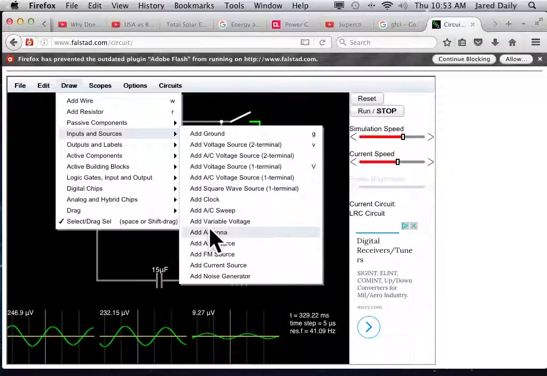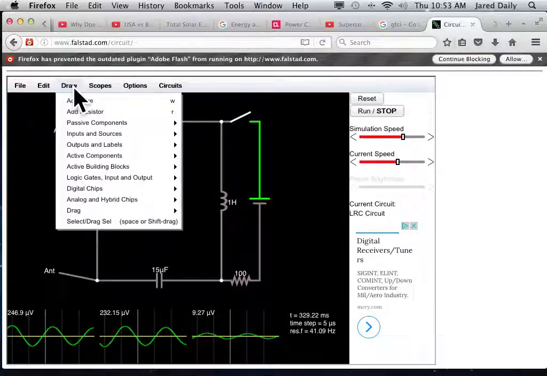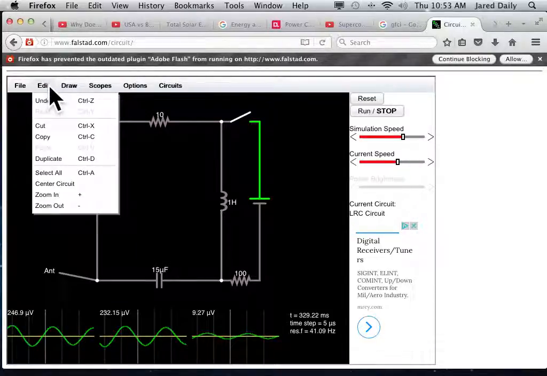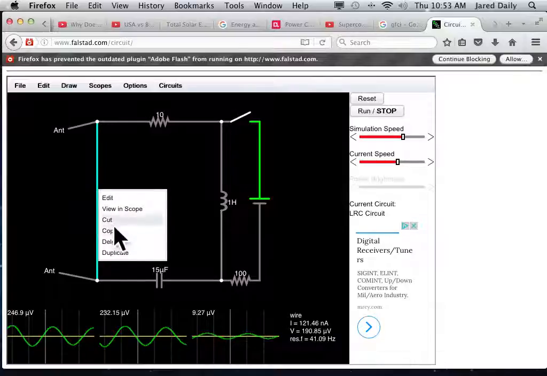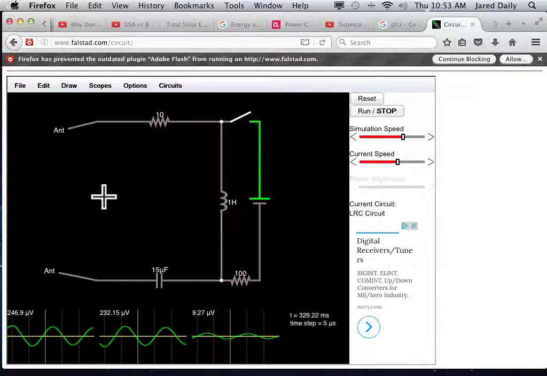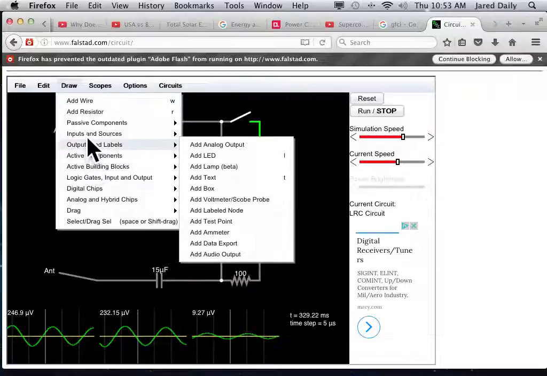So let's add an antenna right here. Can we take this out? Let's cut that out. So here's my antenna, and let's add in an FM source.